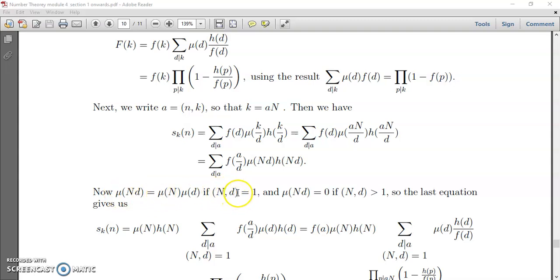So if gcd(N,d) = 1, then μ(Nd) is μ(N)μ(d), and μ(Nd) = 0 if gcd(N,d) > 1. This is a result you have studied earlier. So by using this result, we can write μ(Nd) as μ(N)μ(d).